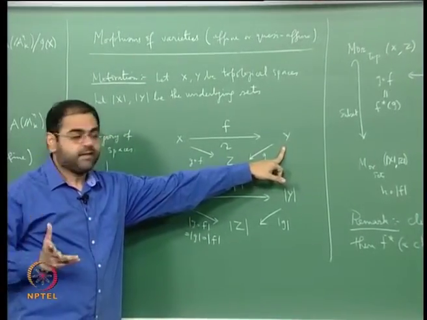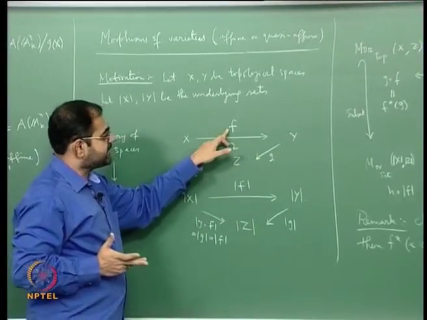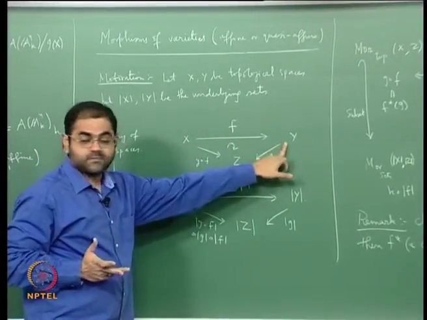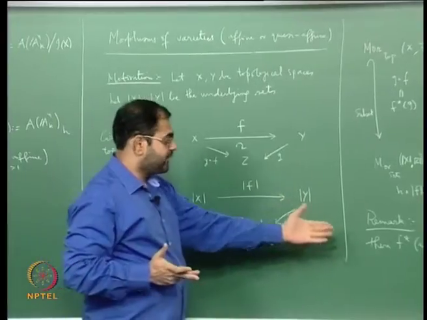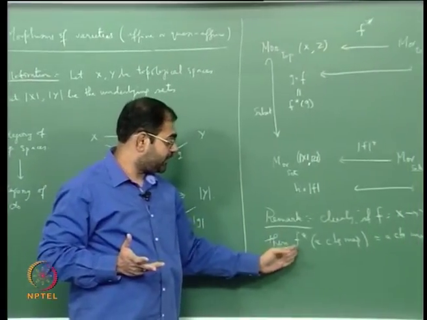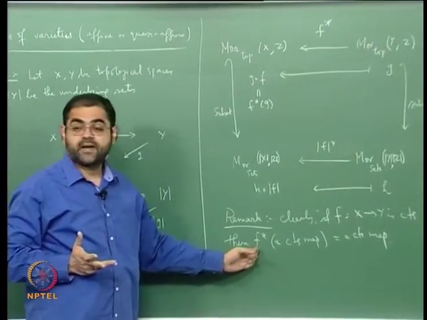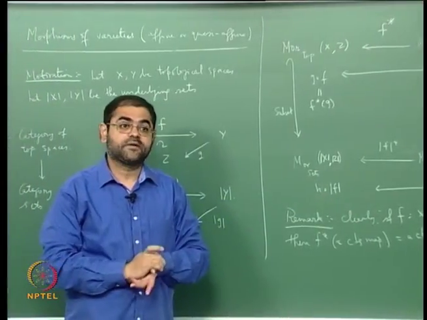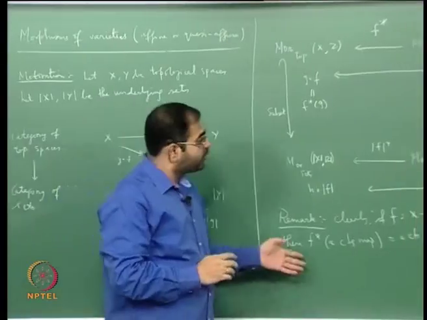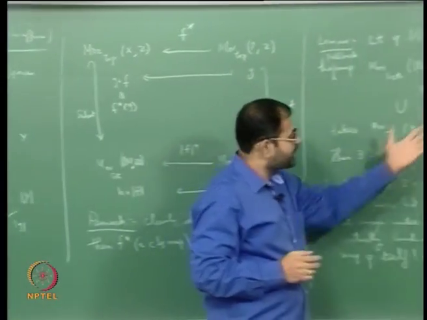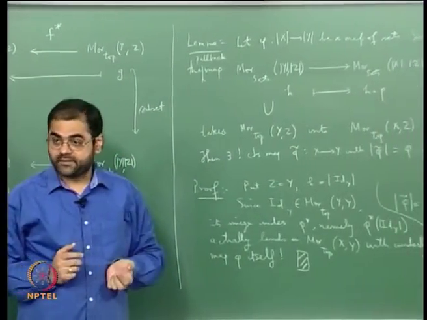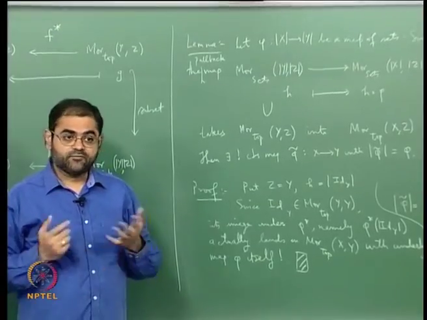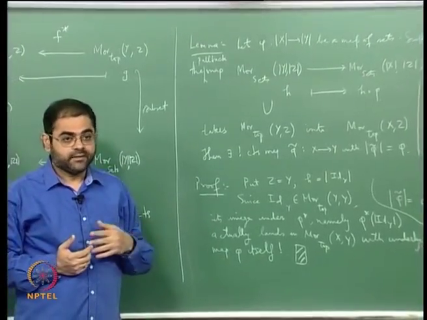namely the analogy from topological spaces. If X and Y are topological spaces and f is a continuous map of topological spaces, of course you know that a continuous map pulls back continuous maps to continuous maps. That's just a restatement of the fact that a composition of continuous maps is continuous. But the more beautiful thing is that if you have a set theoretic map that pulls back continuous maps to continuous maps, then it follows that that set theoretic map is itself continuous.